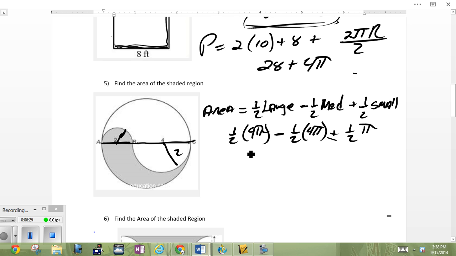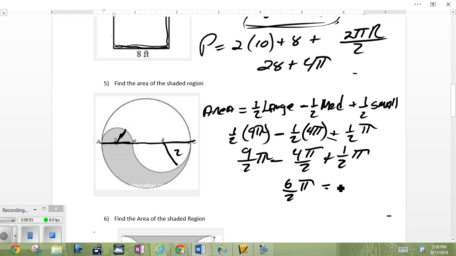So this is 9/2 pi minus 4/2 pi plus 1/2 pi. So you could just deal with the fractions, okay? That's 9/2 minus 4/2, so that's 5/2 pi plus 1/2, so that's 6/2 pi, which is 3 pi, and that's the best way to write the answer, 3 pi, okay?